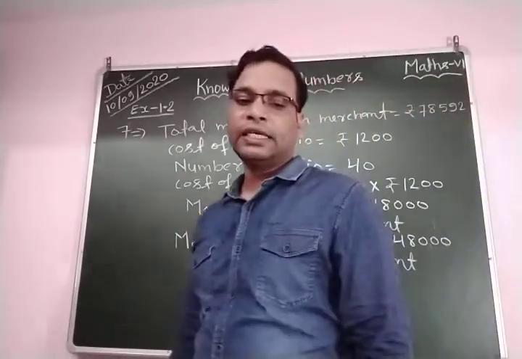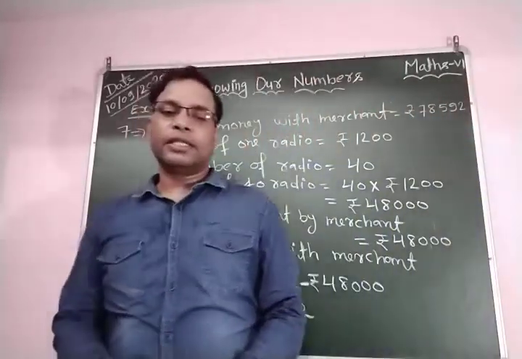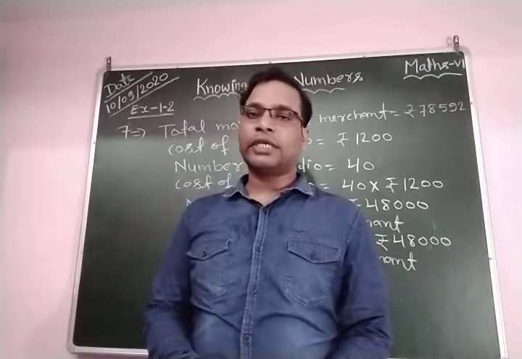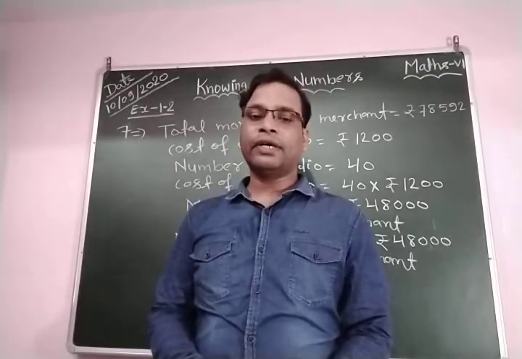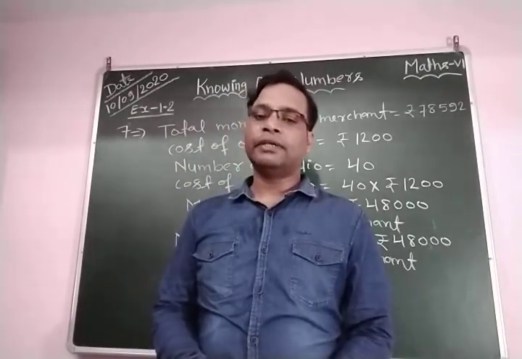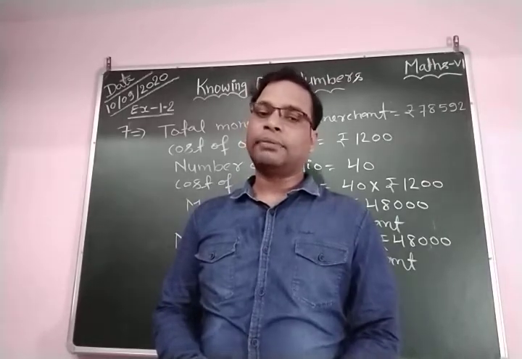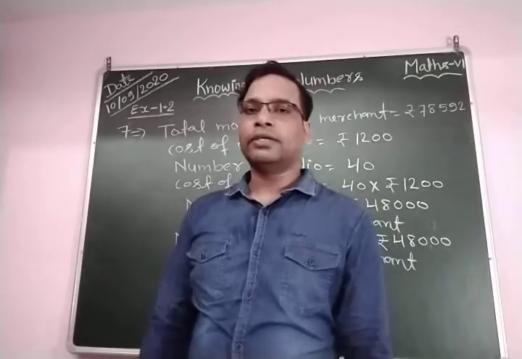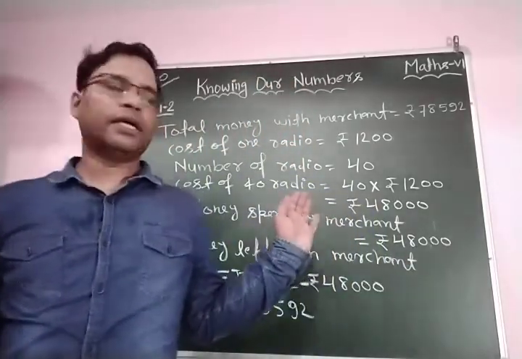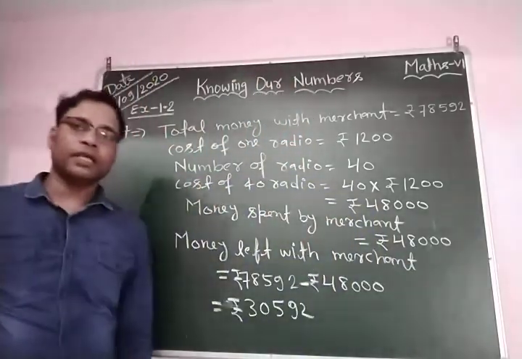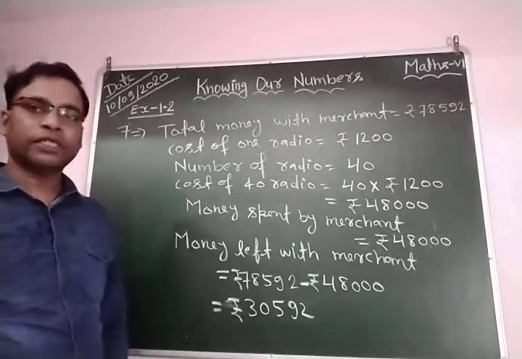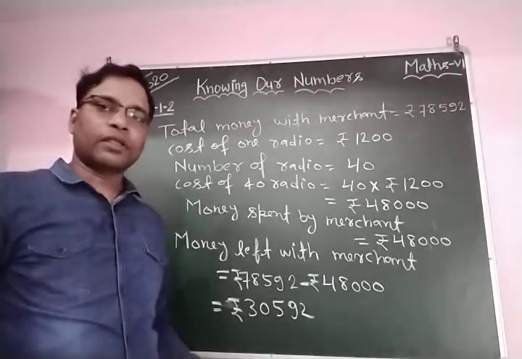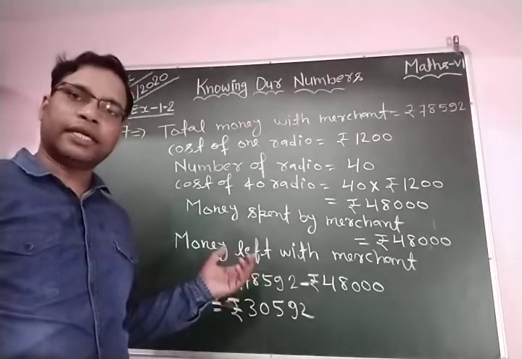So you can see, at last you can say, therefore the rupees 30,592 will remain with him after purchasing 40 radios. This is the solution of question number 7. I hope all of you understood this question, and you can solve such types of questions.